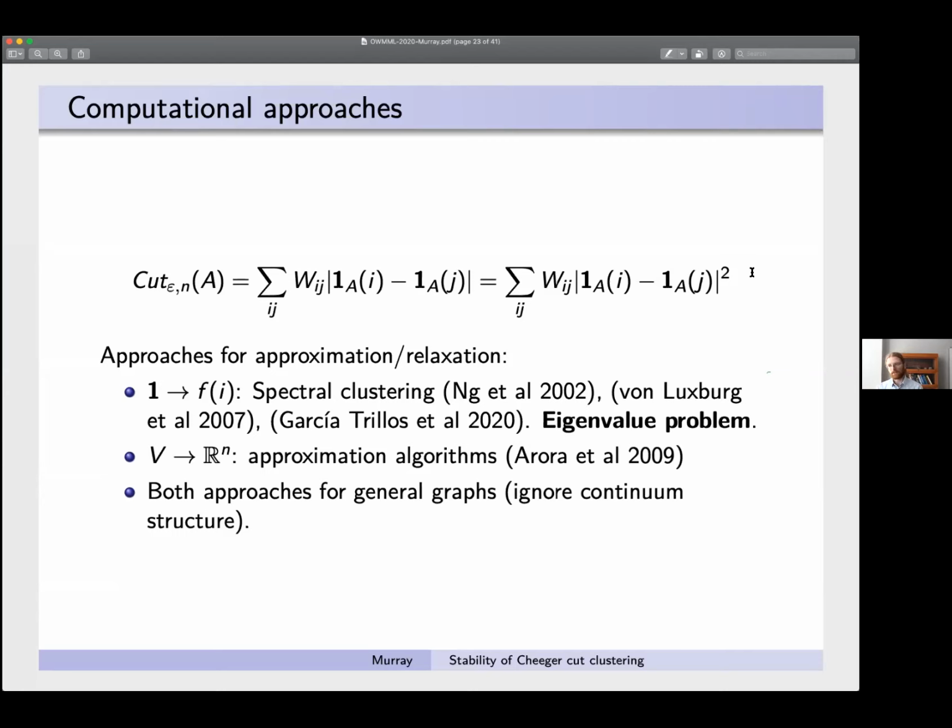There's also an alternative approach for approximating the solution to this cut problem, or this Cheeger cut problem. One option is to try to embed your graph, which has n vertices, into R^n, and then do some type of approximation algorithm. So this is something that computer scientists worked on something like 10 years ago.